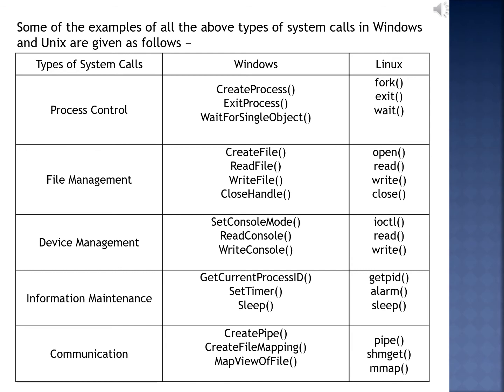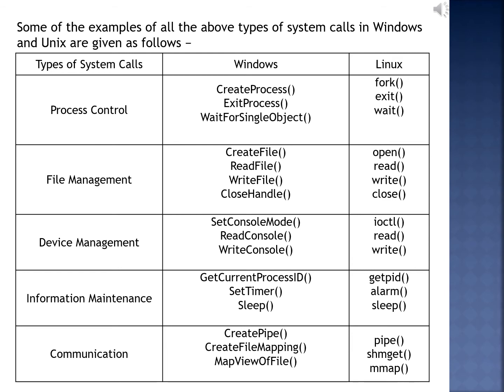Now, some of the examples of all the above types of system calls in Windows and Unix are given as follows. For Windows, the system calls for process control are create process, exit process, wait for signal object.